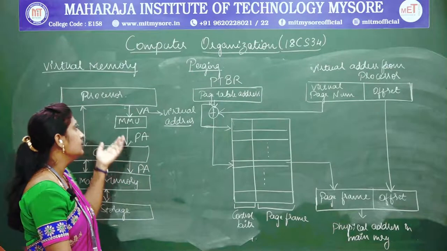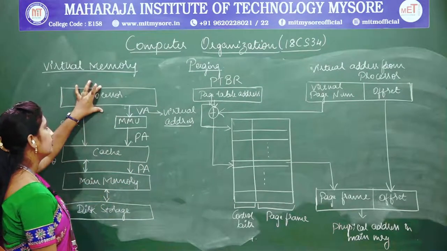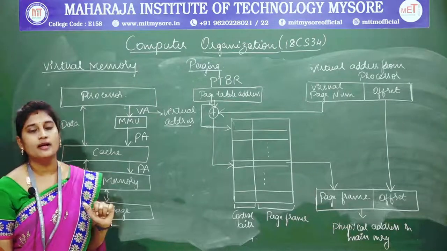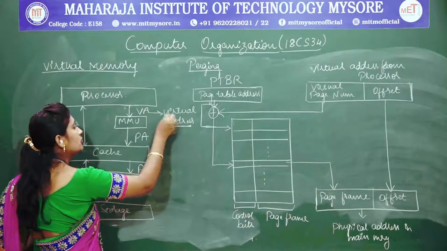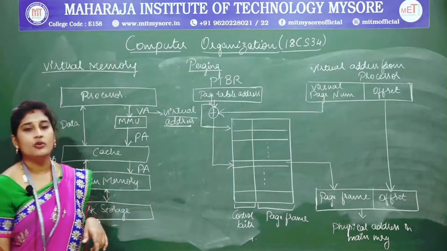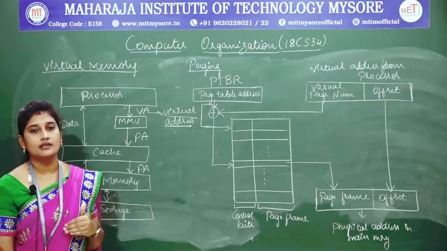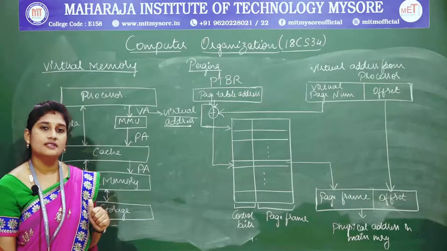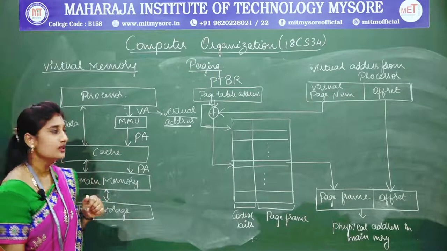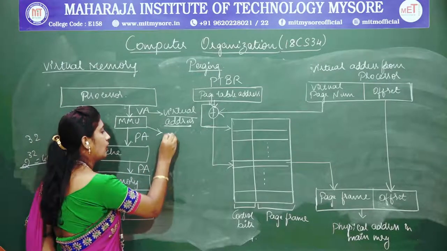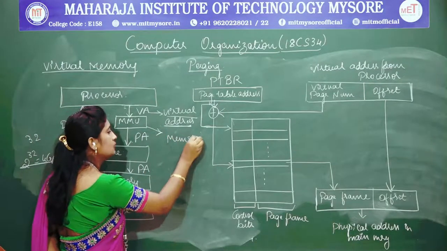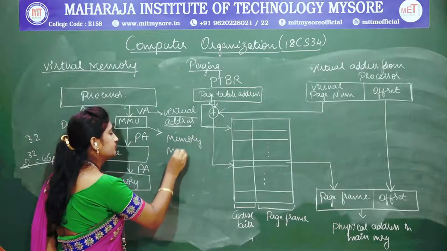Whatever instructions or requests are sent by the processor, that address is called a virtual address. That virtual address gets converted into a physical address by a unit called the memory management unit.